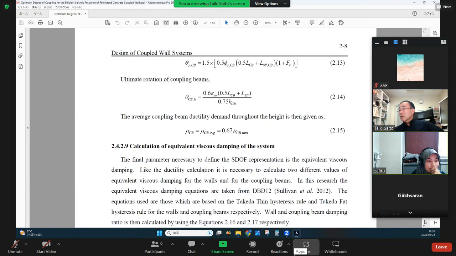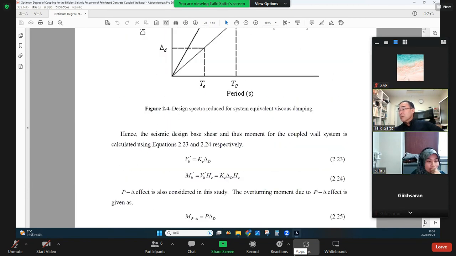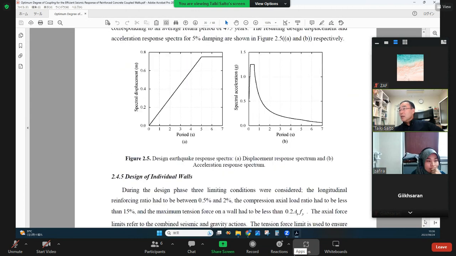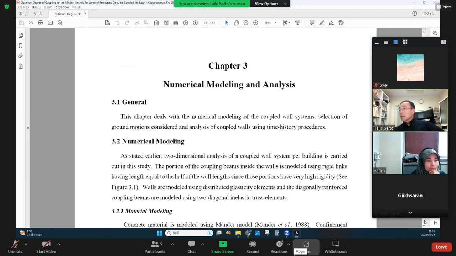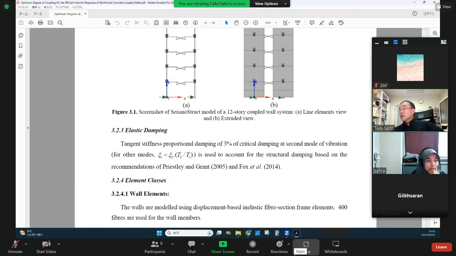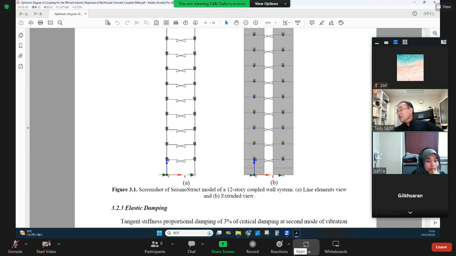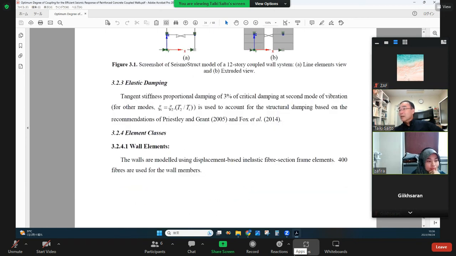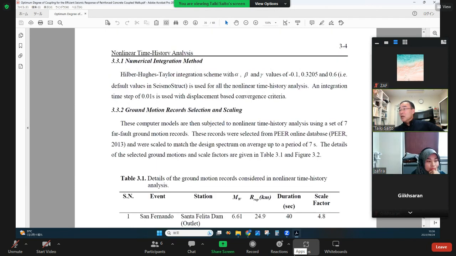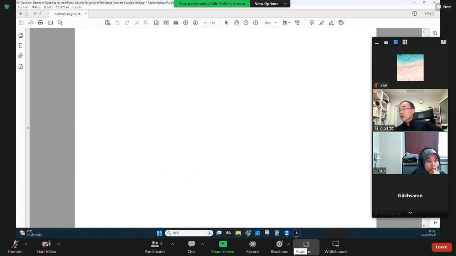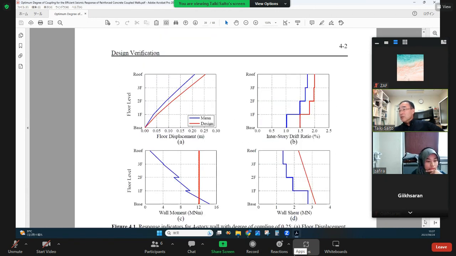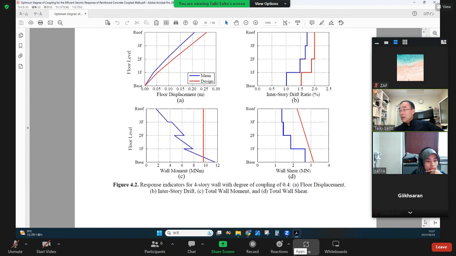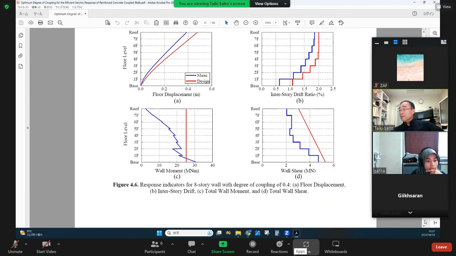But you should follow his procedure, and the numerical model and analysis. It's something like a 3D model, with nonlinear time history analysis using earthquakes, and design verification. So he first applies, maybe, displacement design.